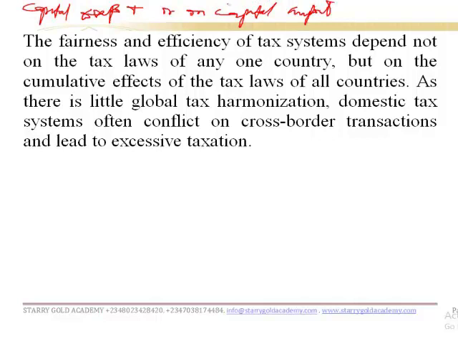Developed countries tend to favor capital exports or domestic neutrality, under which the taxpayer's choices between investing at home or abroad remain unaffected.